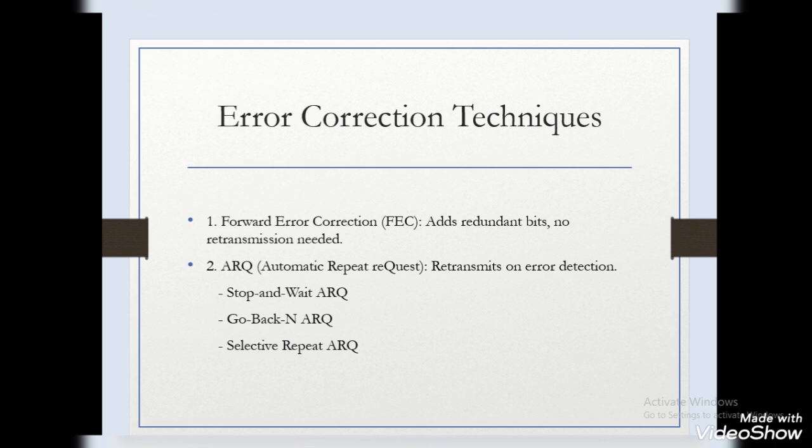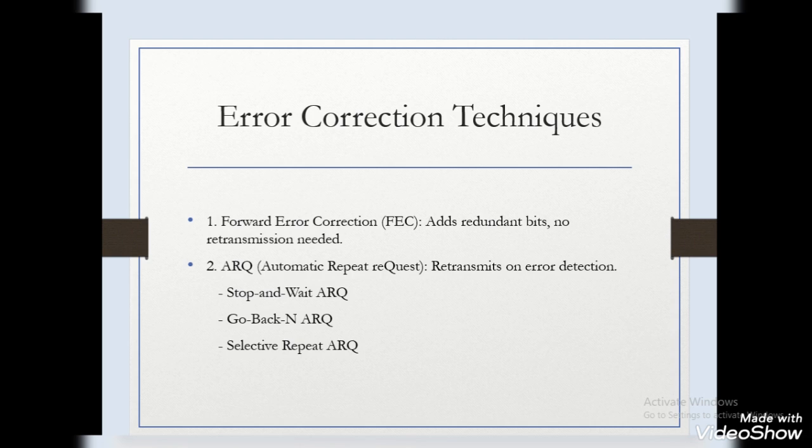The first is forward error correction, which adds redundant bits, so no retransmission is needed. The redundant data is sent, and the receiver can correct errors without retransmission. Second, automatic repeat request, where the receiver detects an error and asks the sender to resend the data.